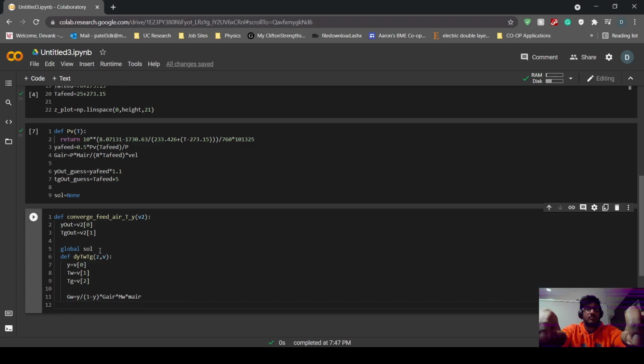And then we're going to calculate the total gas flow rate, so we're going to say big G equals GW plus G air.